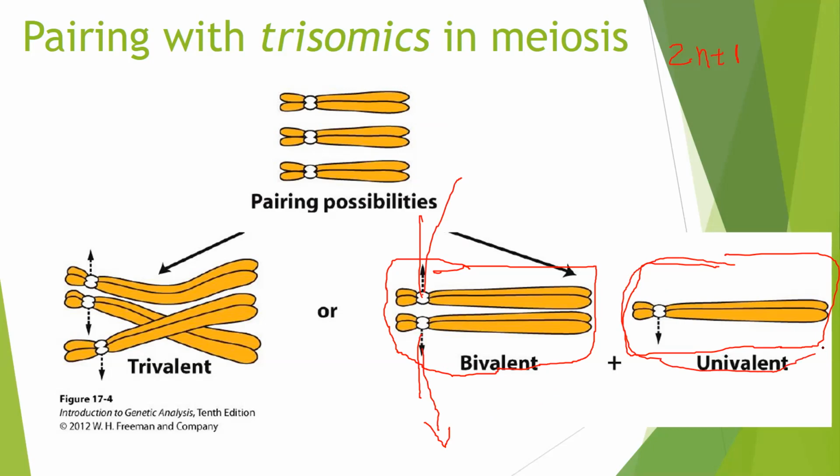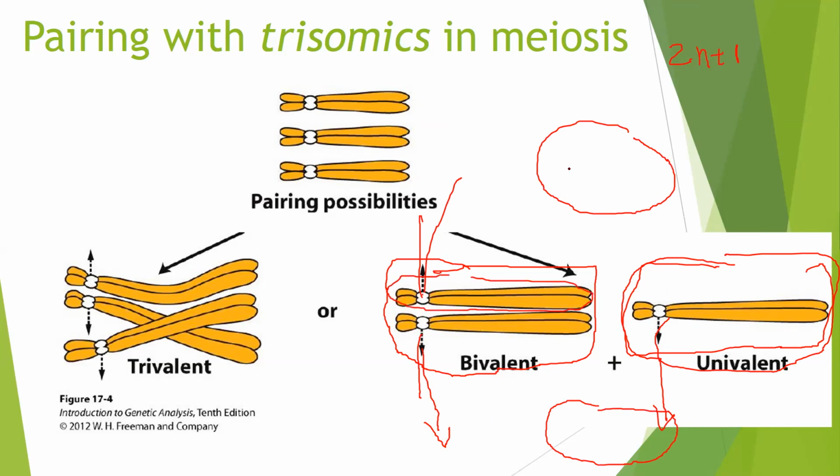And this one will randomly go one way, for example to this pole. So the product from this meiosis will end up with 2 daughter cells: one has just this copy, but the other one will have 2 copies. This is another gamete. So this is one possible way for the pairing.